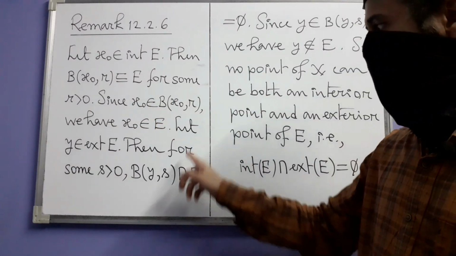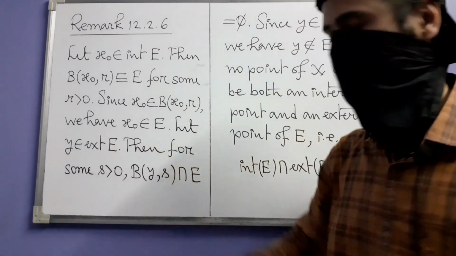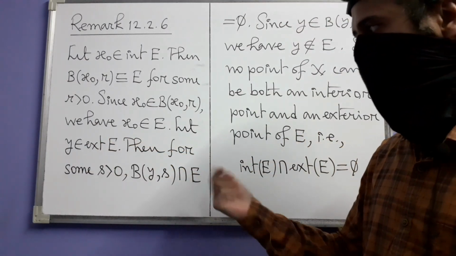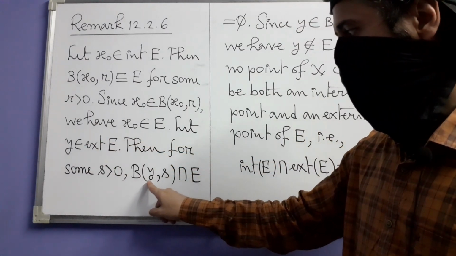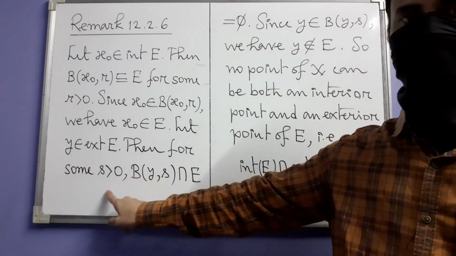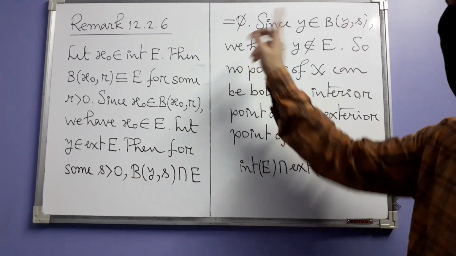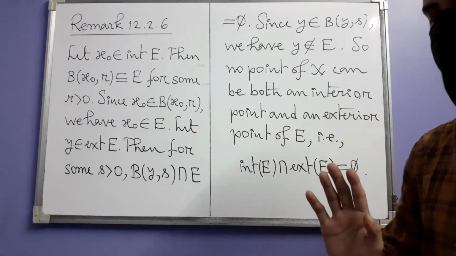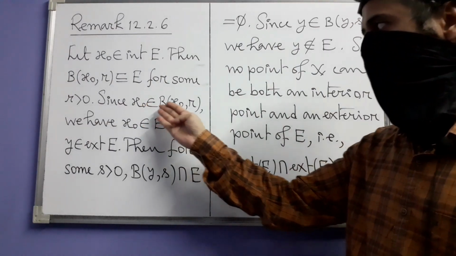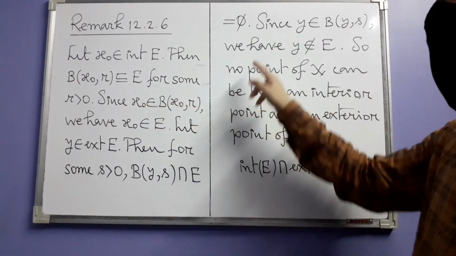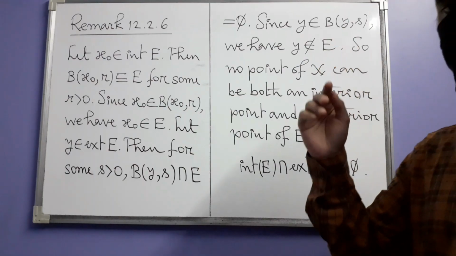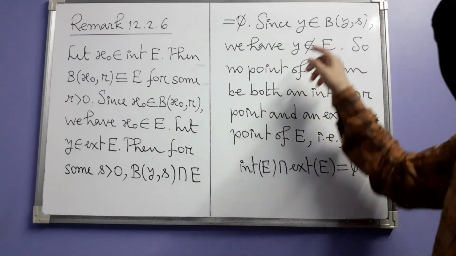Next, let us consider a point y in the exterior of E. Then by the definition of exterior, some ball centered at y, say having radius s, is disjoint with E. It does not intersect E. Now just like x0 belongs to this ball, y also belongs to this ball because the center of the ball is y.